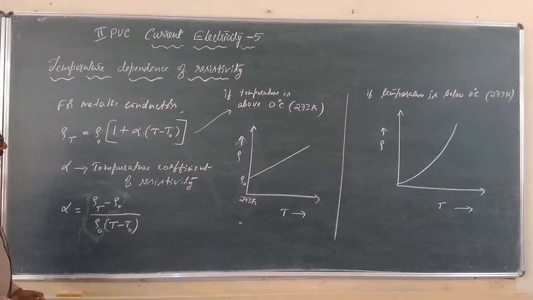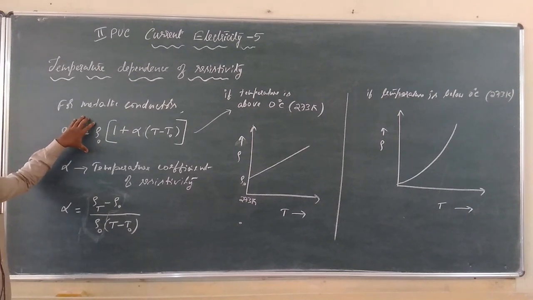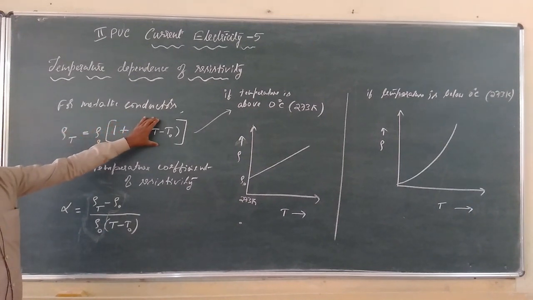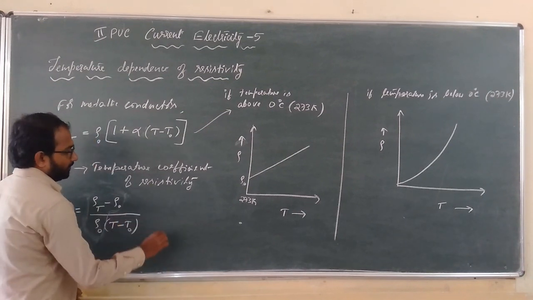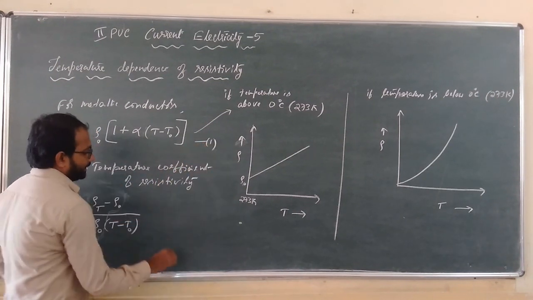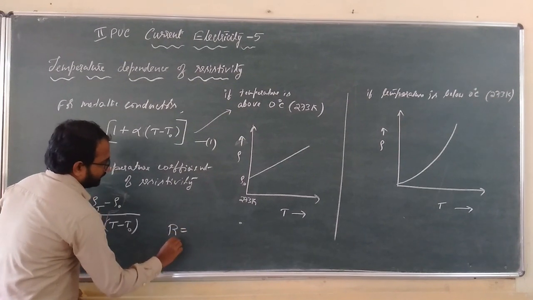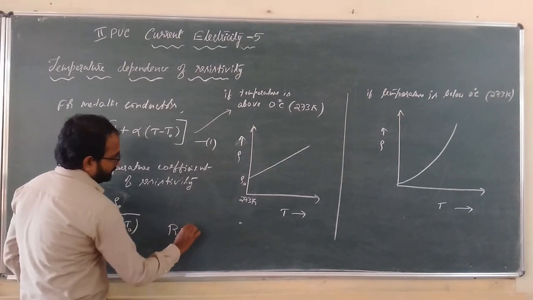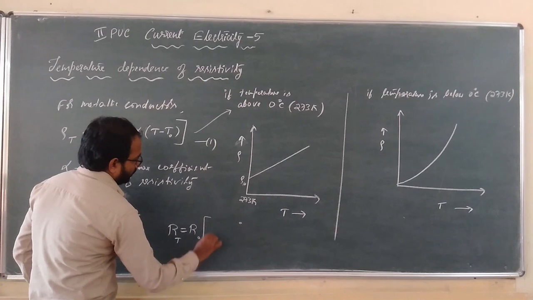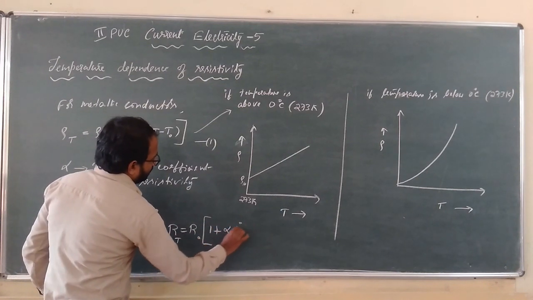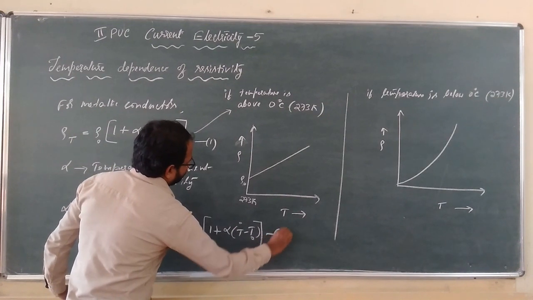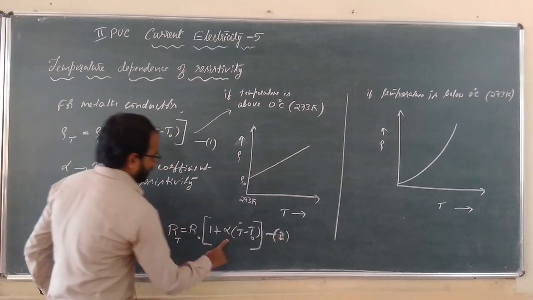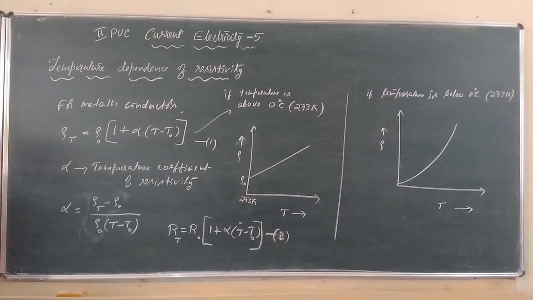If this is the expression for the resistivity of a metallic conductor at a temperature T Kelvin, then I can also write the expression for the resistance of the conductor. So R T is equal to R naught into 1 plus alpha into (T minus T naught), where alpha is called the temperature coefficient of resistance.